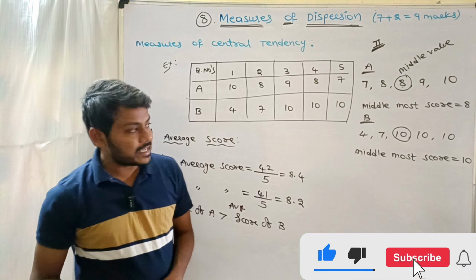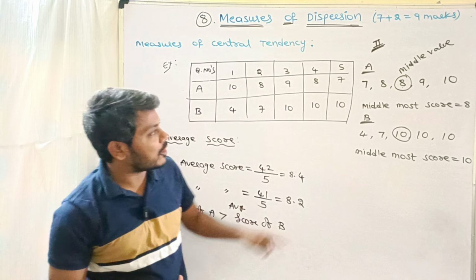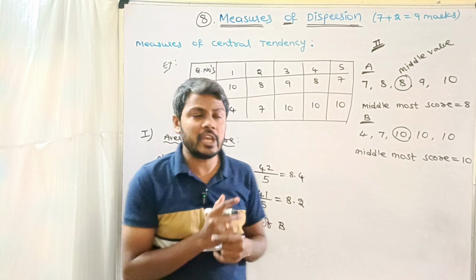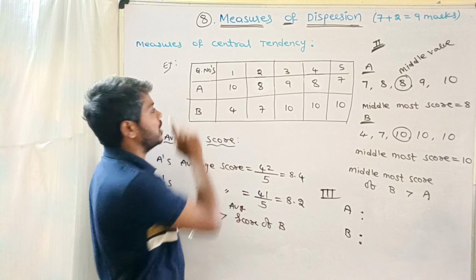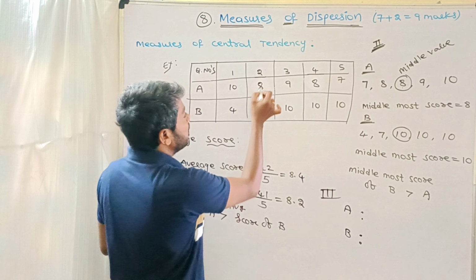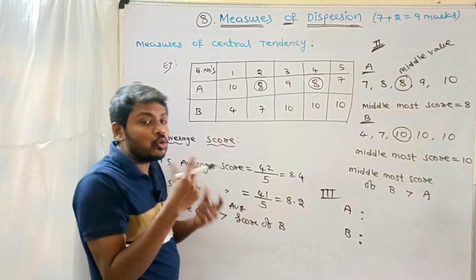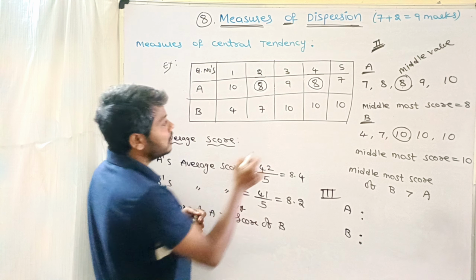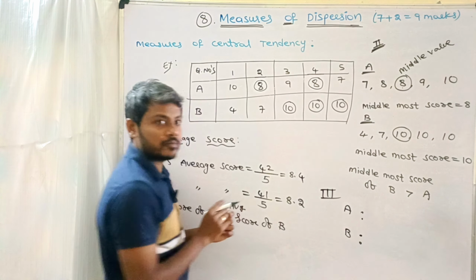See here, in the second case, this middle most score of B is greater than the middle most score of A. In the third case, once you observe the score of A, the marks 8 is repeated 2 times, but in score B, the marks 10 is repeated 3 times.